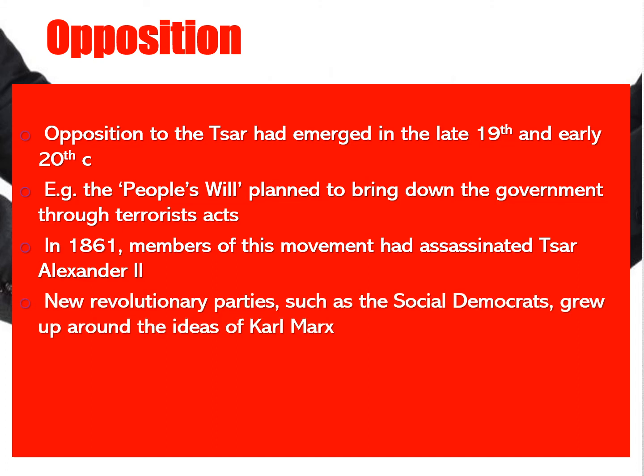But new revolutionary parties such as the Social Democrats start to grow up around the ideology of philosophers such as Karl Marx, where they were starting to see how Russia could develop in a slightly different way. Marx's ideals of going through a process, ultimately getting to what he'd determined to be a utopia of socialism and capitalism into a communist state, was what they were trying to see as a way forward for Russia.